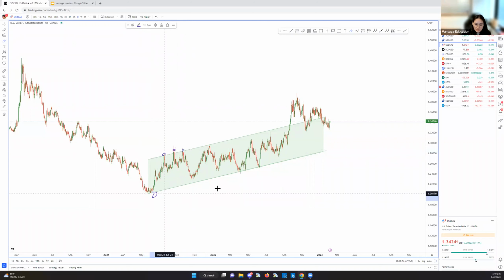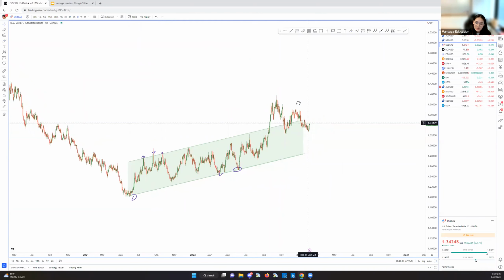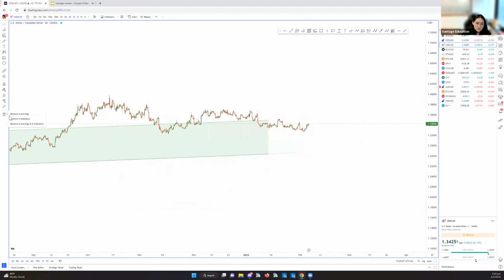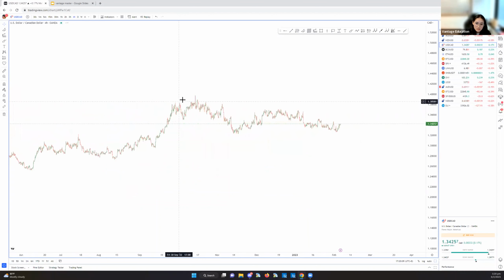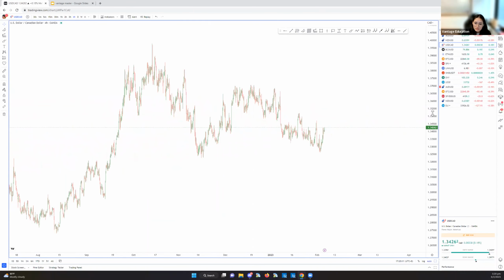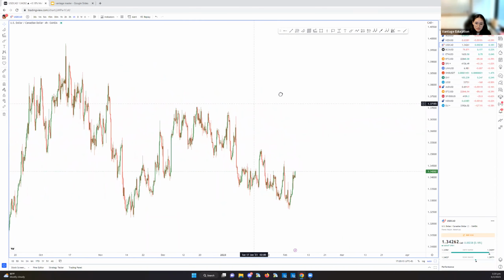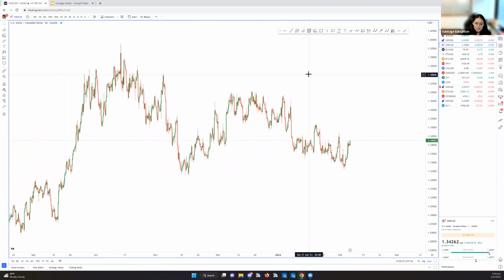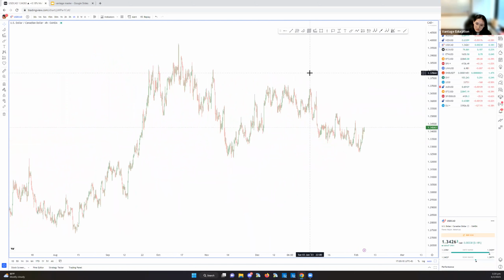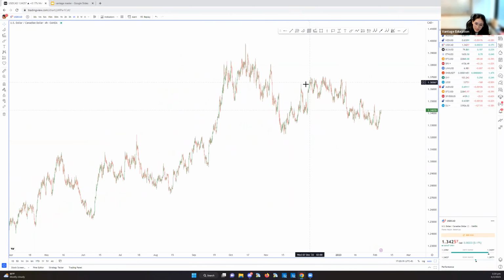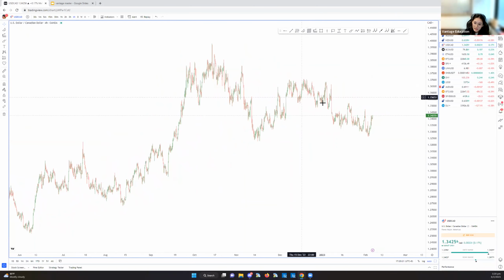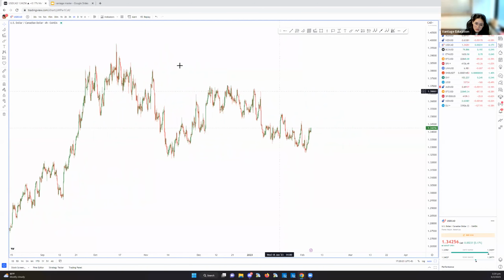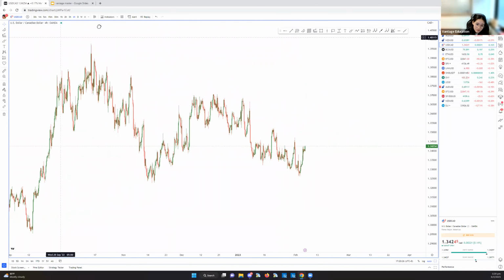On the bottom, it has touched 3 times as well. So this is a valid channel, and we can see price has broken out of this channel. So we have a general bullish bias on dollar CAD. Let's zoom into our 4-hour time frame.